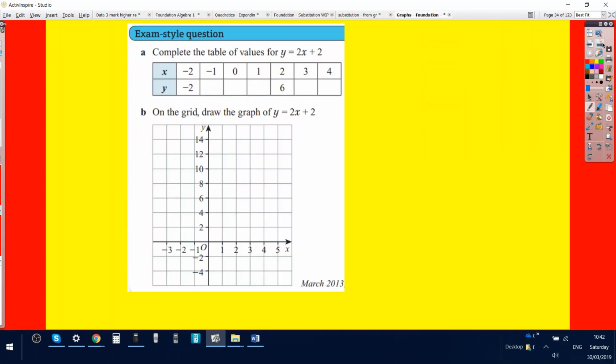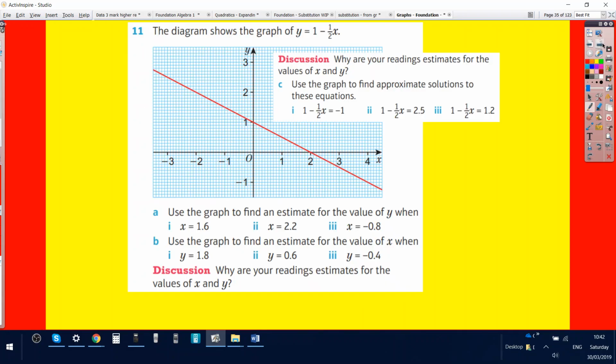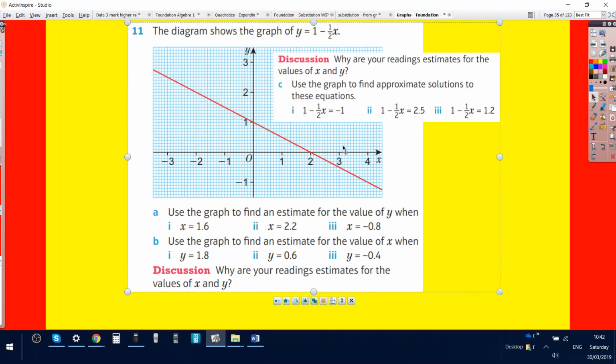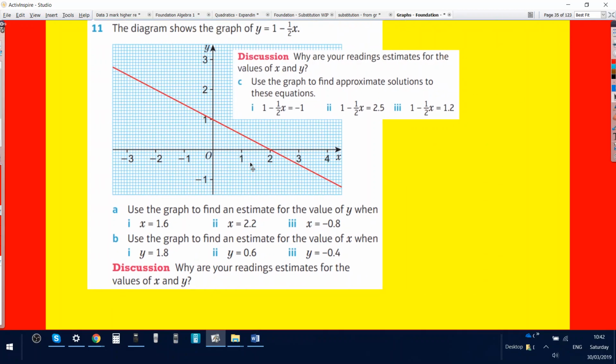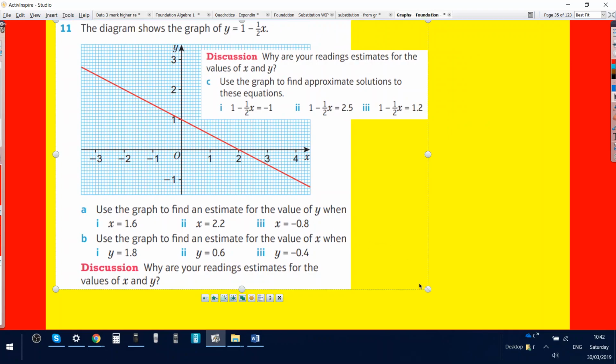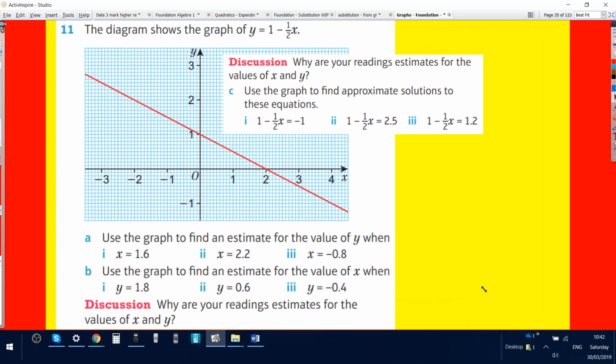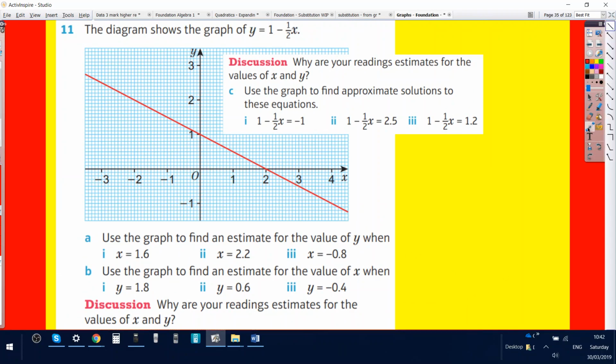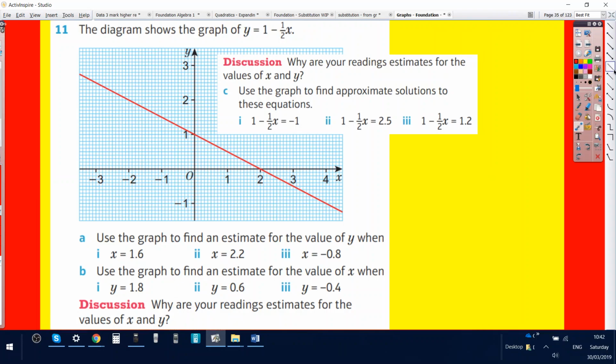So this one we did, drawing these graphs. How would you do part A down there? Would you round them up? No, don't.